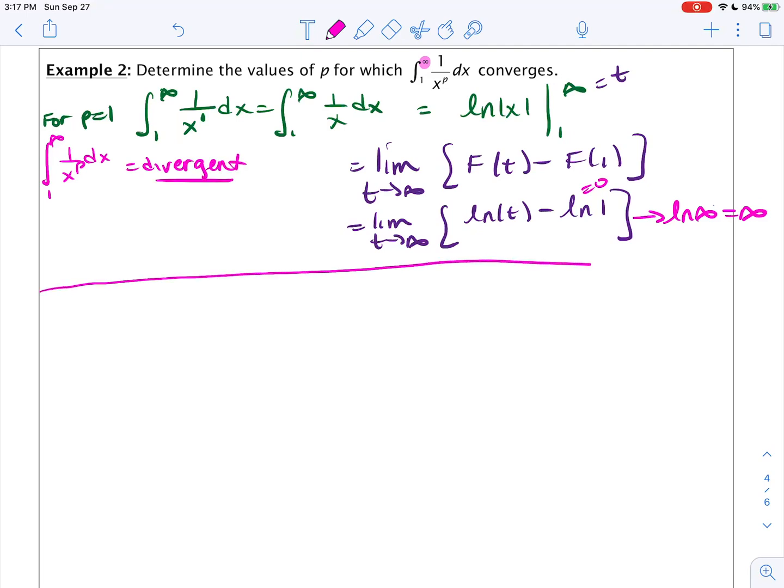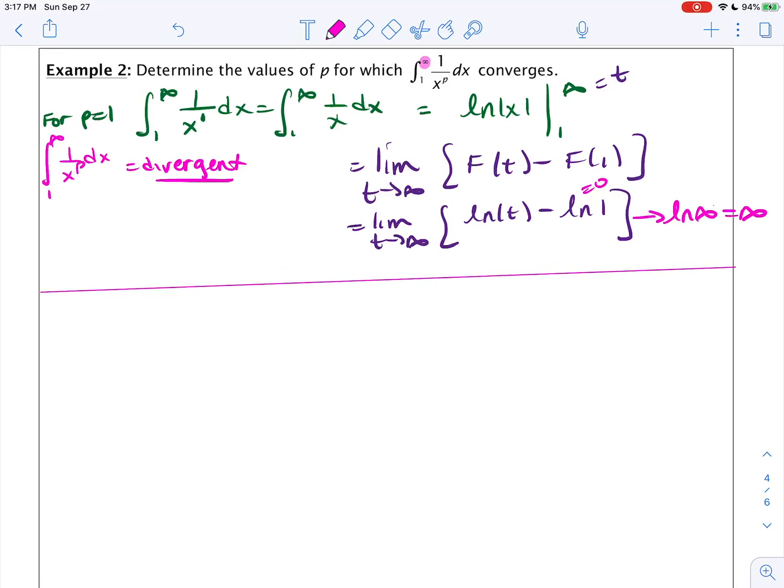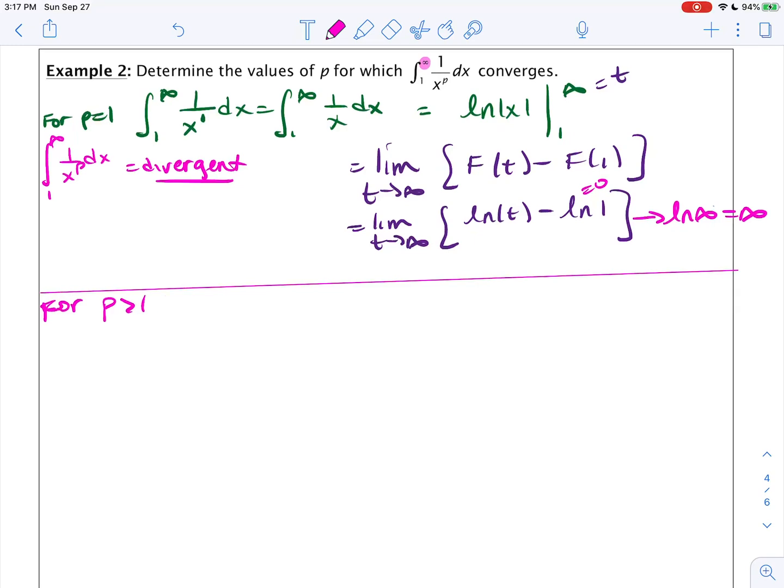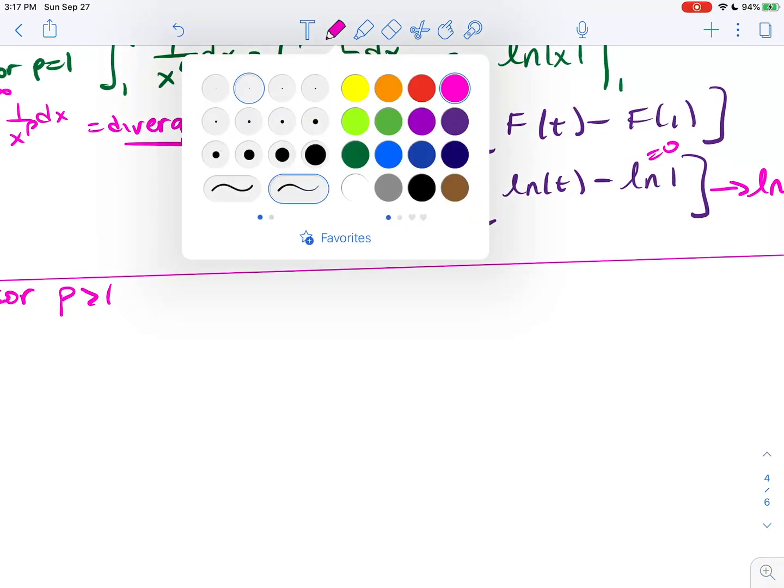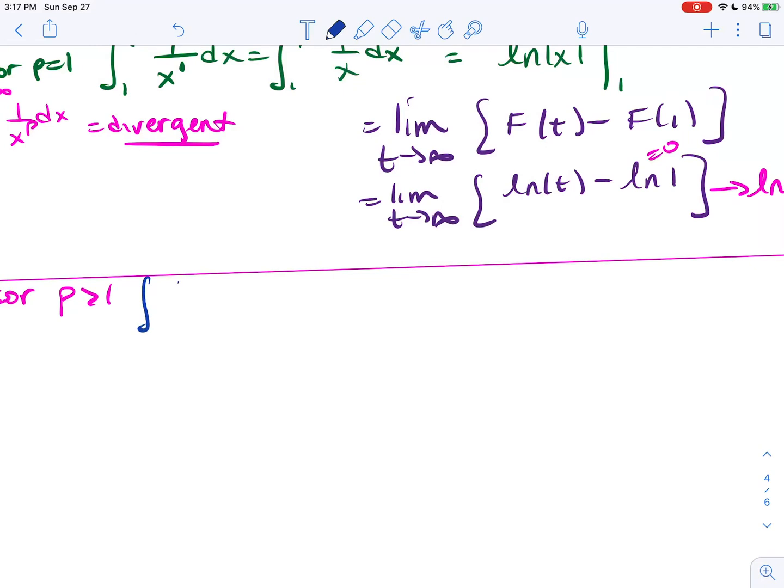All right. So now we're going to take other cases, and we're going to say for p bigger than 1. So we're just going to say, okay, for p bigger than or equal to 1, we will have the integral of 1 over x to the p dx from 1 to infinity.